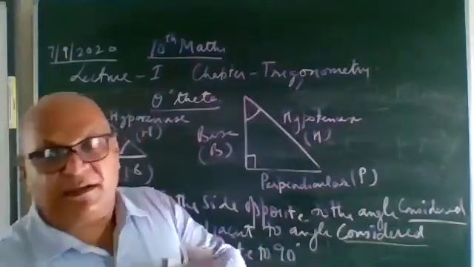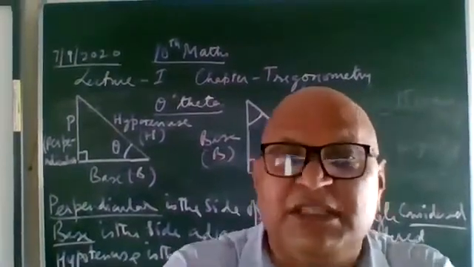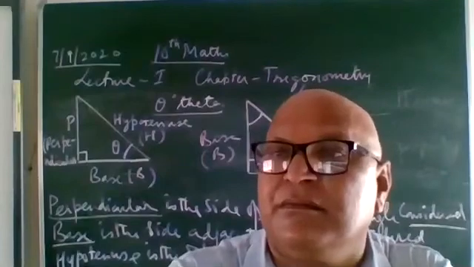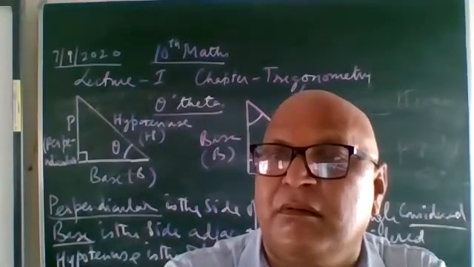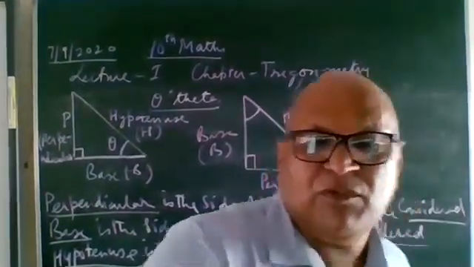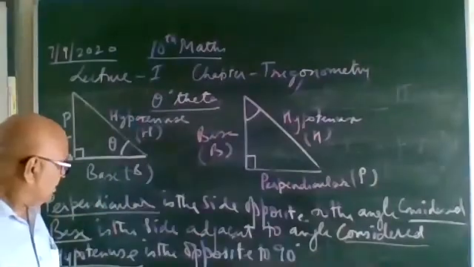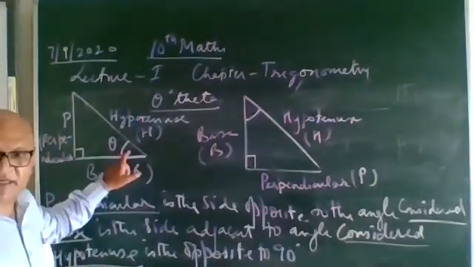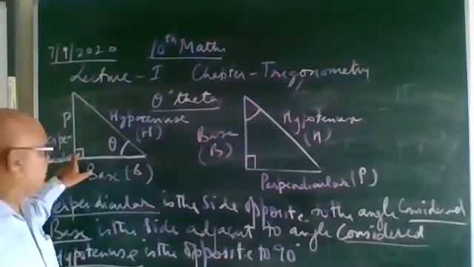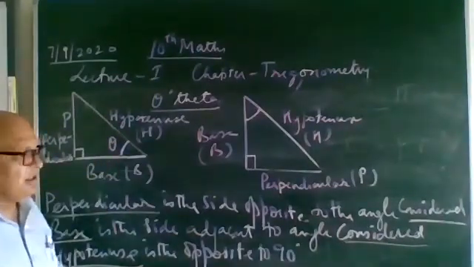So in this chapter, first of all, you must know what is perpendicular, base, and hypotenuse. What is the meaning of this? You have set this angle theta, so perpendicular is this, 90 degree is this, and the side opposite to it is the hypotenuse.